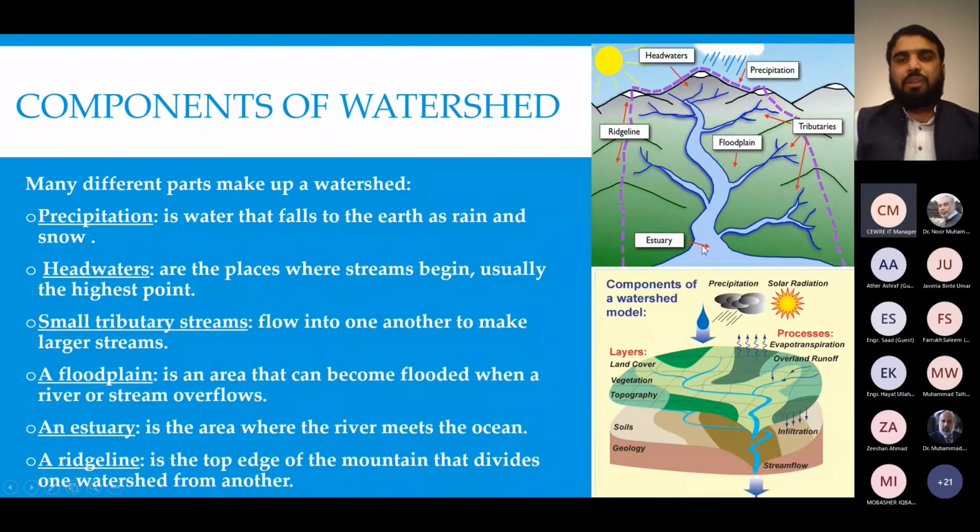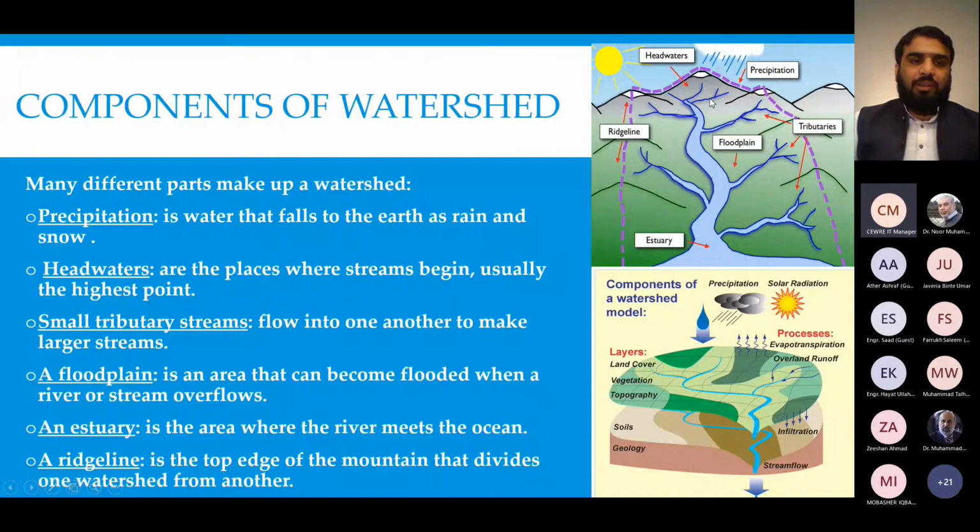The water falls on the headwaters, flows through small tributary streams, and then joins the rivers or major streams at the end, at the point of estuary. It joins at the sea level. The stream network starts from minor streams to major streams and then converts into rivers, and at the end it falls into the sea.